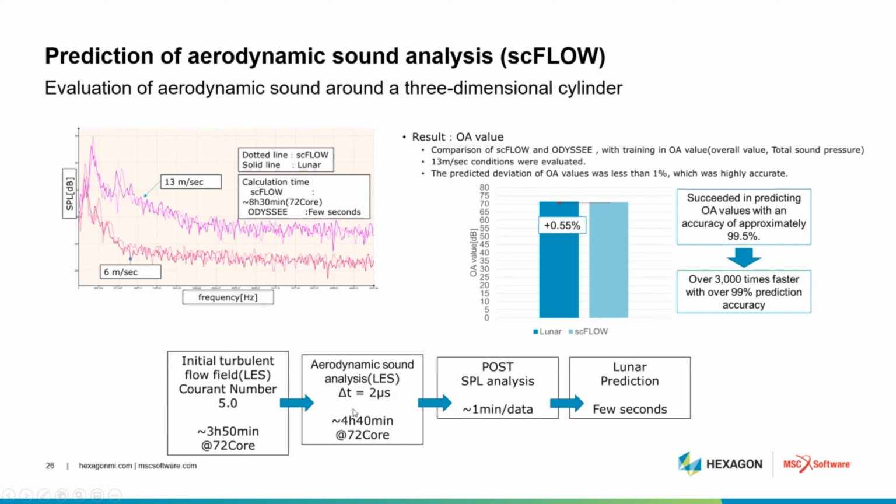In total, these steps are 8 hours and 30 minutes with 72 cores. But for Lunar prediction, we have a few seconds. With these two cases, we spent more than around 70 hours, but Lunar takes only 2 or 3 seconds. This is one of the important things for the case, especially when we need to spend much time running.